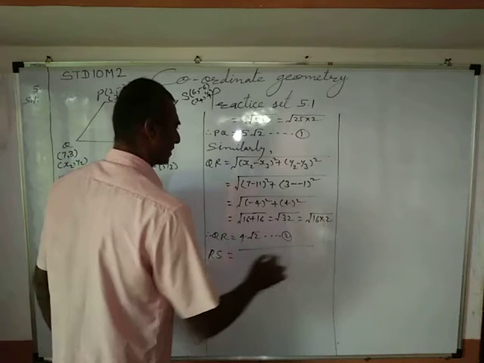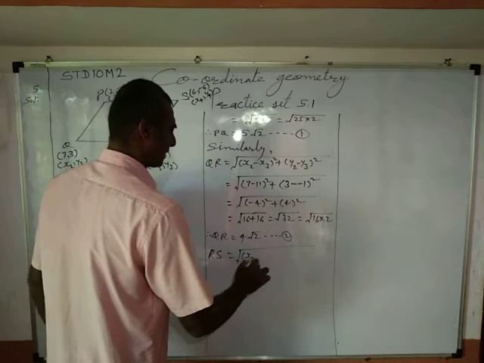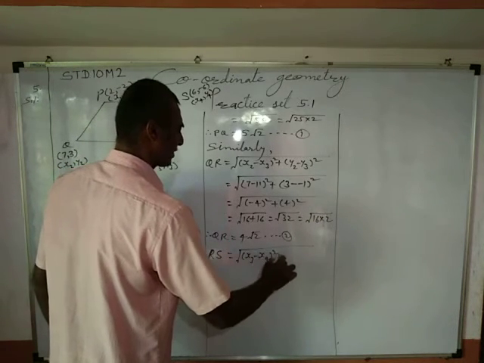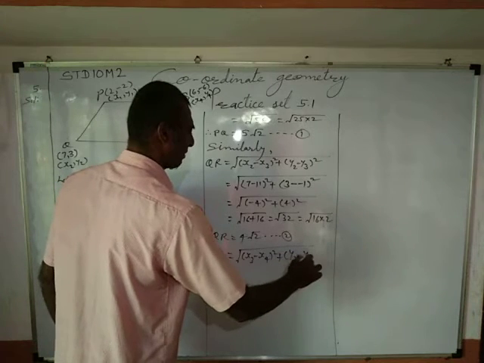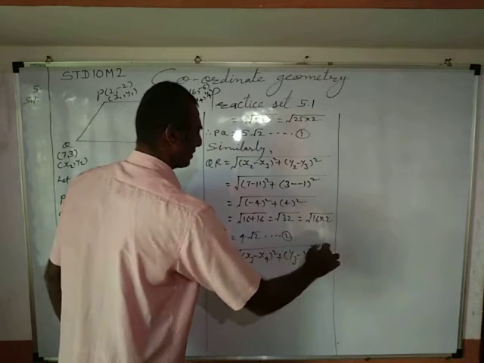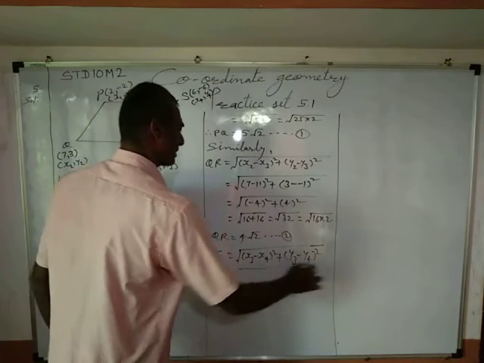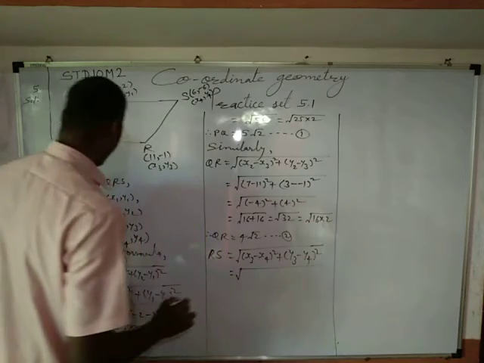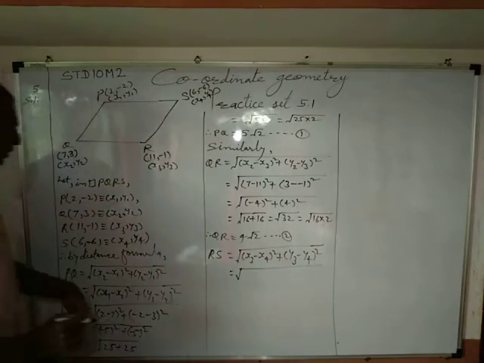RS equals under root (x3 minus x4) square plus (y3 minus y4) square. x3 is 11, x4 is 6.